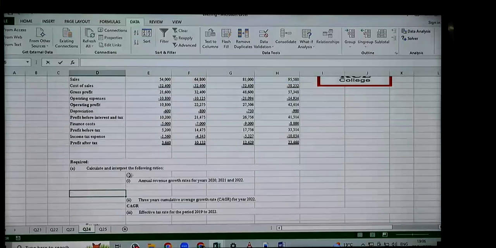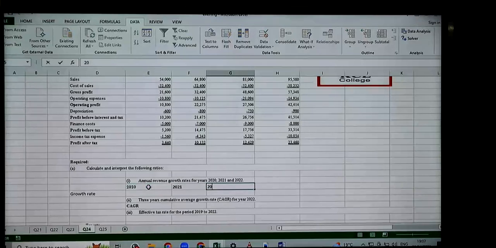the following and interpret the following ratios: the annual growth rate. So here it will be the growth rates, for the years 2020, tab, 2021, tab, then 2022.